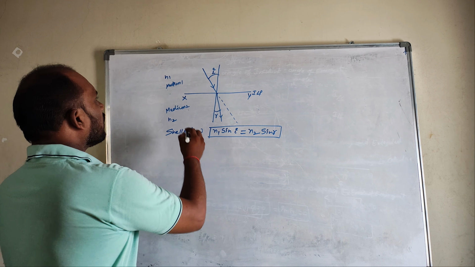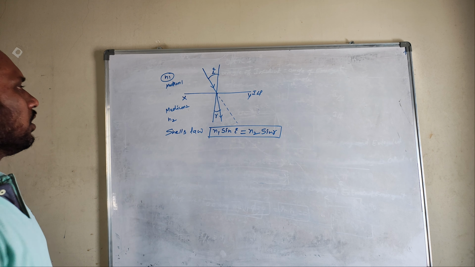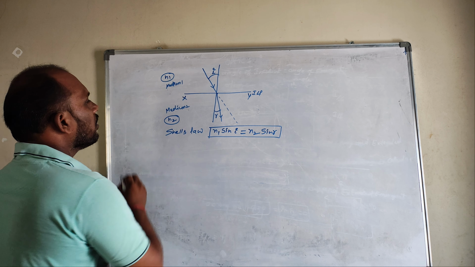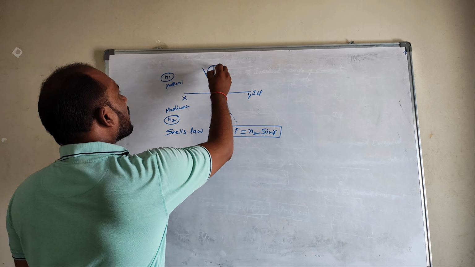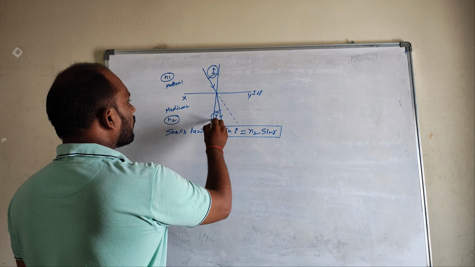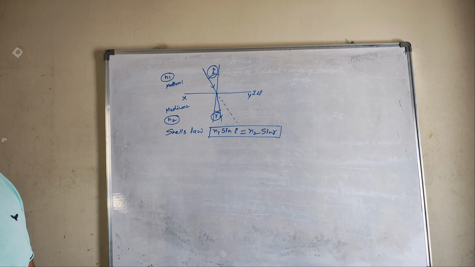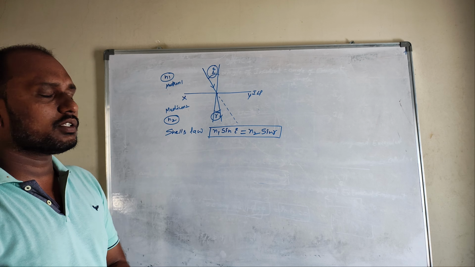Here n1 is the refractive index of medium 1, n2 is the refractive index of medium 2, i is the angle of incidence and r is the angle of refraction. By using these four variables, generally we write down Snell's law.